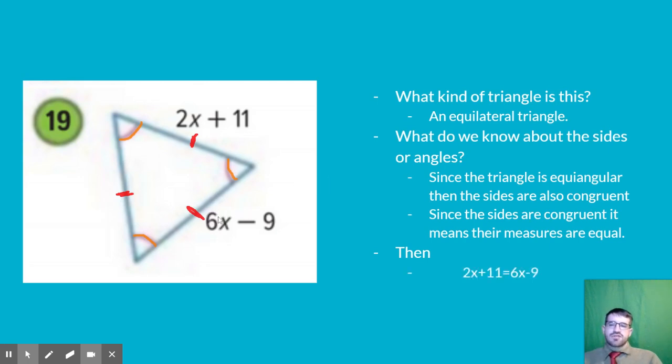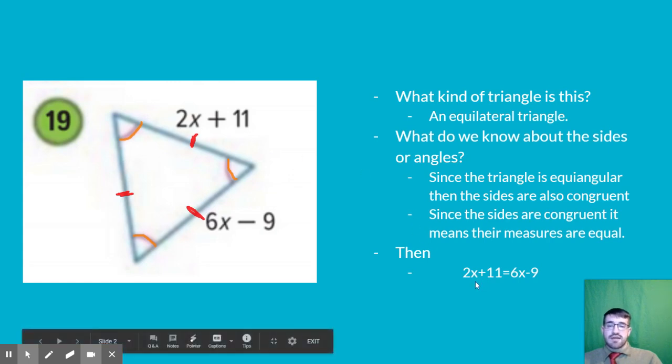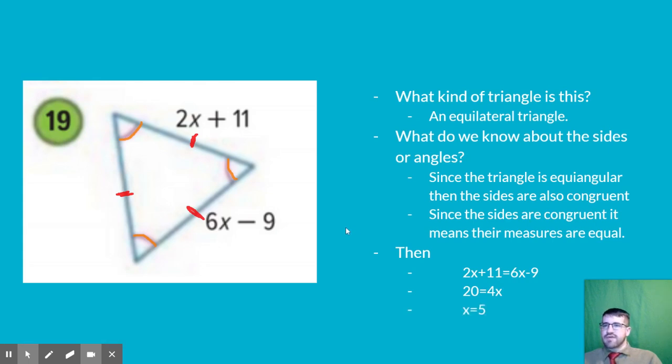You can set the measures of these two sides equal. So you can set 2x plus 11 equals 6x minus 9. Subtracting x from the right side and adding 9 to both sides will give you 20 equals 4x. And then we get x equals 5 for our first answer.